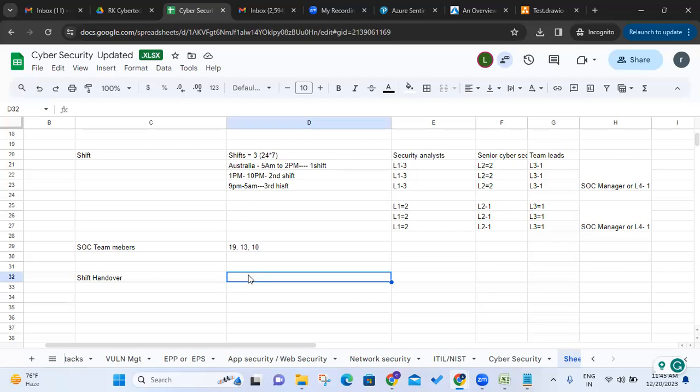One person collects all the incident information, then informs the next shift team. Next day, another person collates all the incident information and hands over to the next team. Clear now? That means your communication skills also will be good. Then only you can hand over properly.